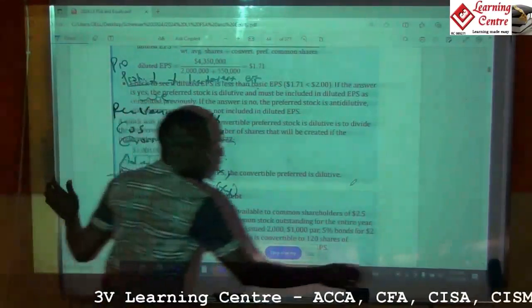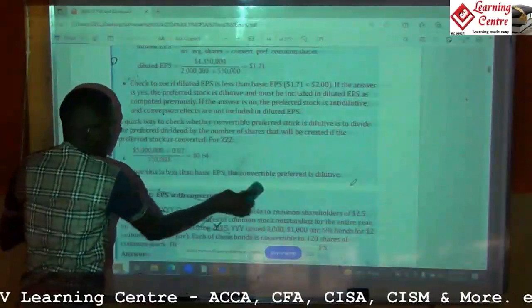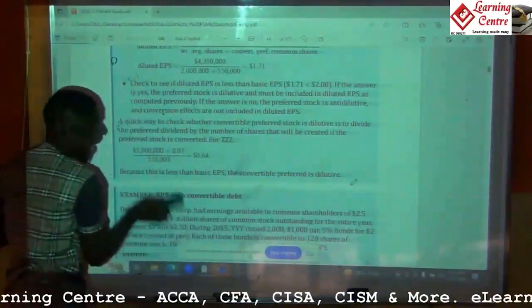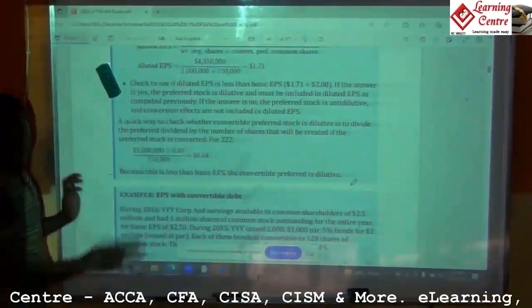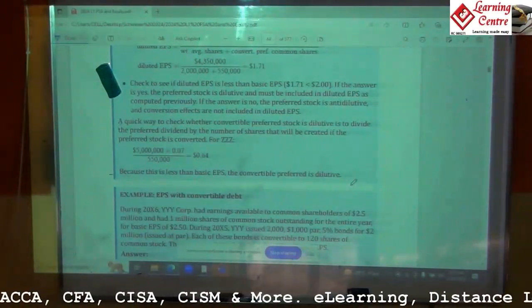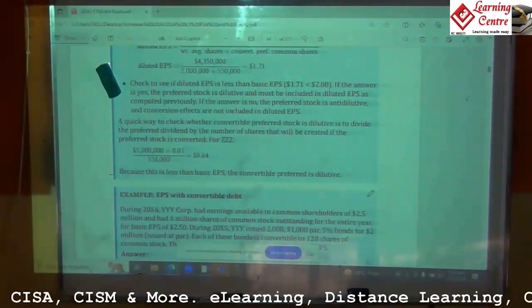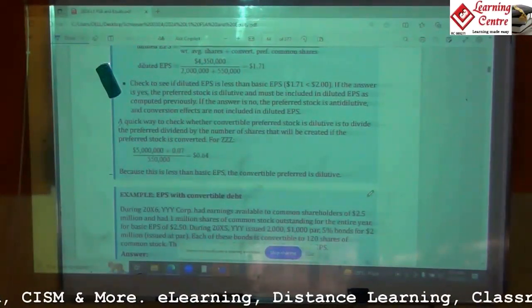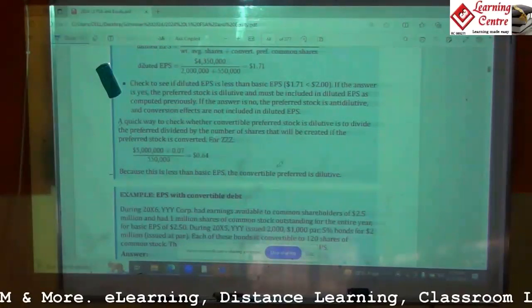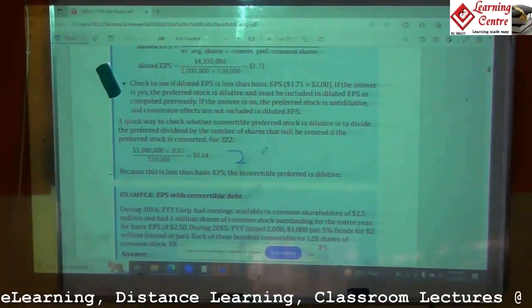So let's solve it. We already have our basic earnings per share. So the first thing we need to do is let's now calculate our diluted earnings per share. How do we calculate our diluted earnings per share? Remember, what is our earnings? Our earnings is 2.5.